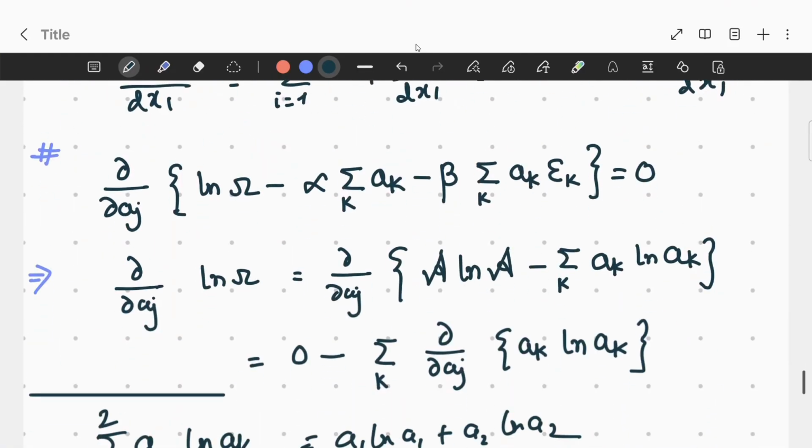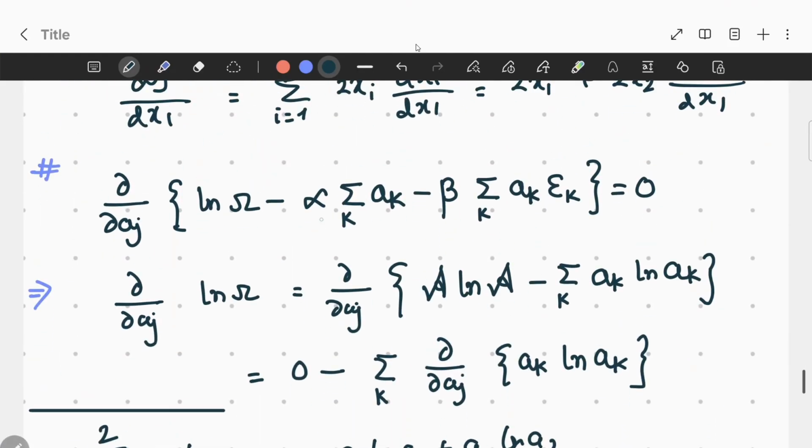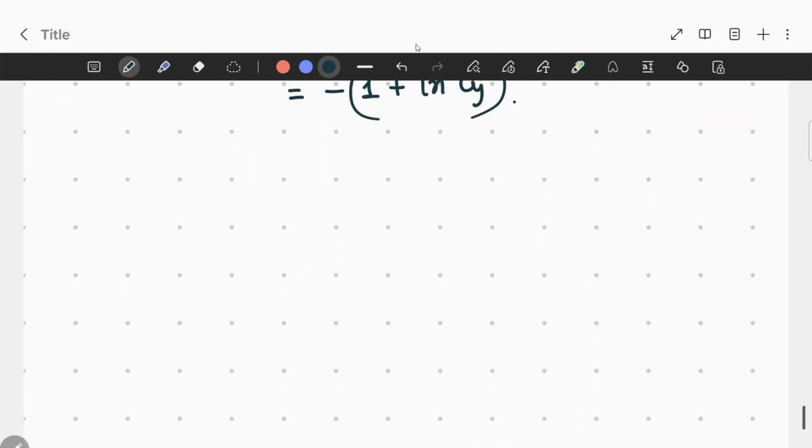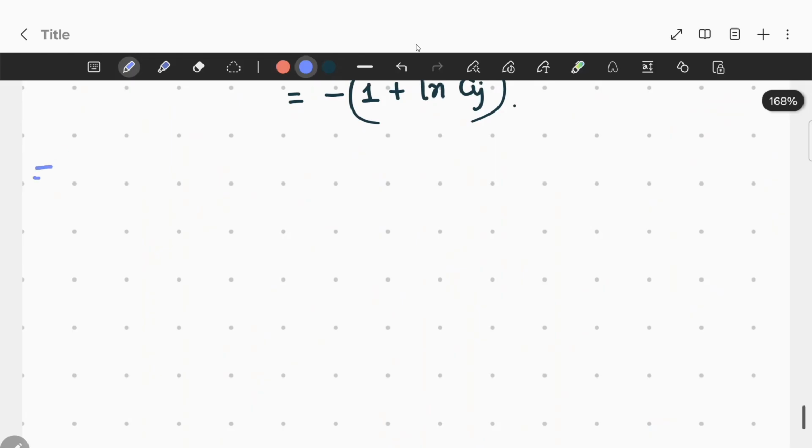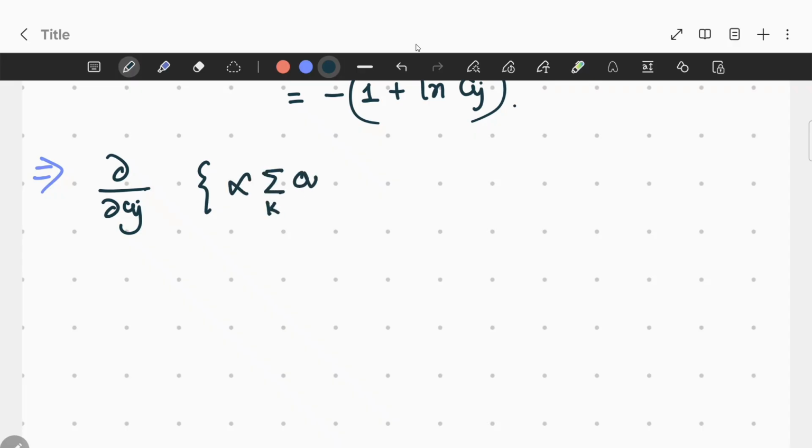And the second term we will now do. Second term is this. For the second term, del a_j, we have to take the derivative with respect to alpha sum over k a_k.